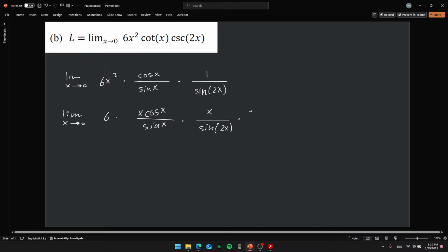Now this one you should multiply by 2 over 2. So limit as x approaches 0 of 6 times x over sine x times cosine x times 2x over 2 sine 2x.